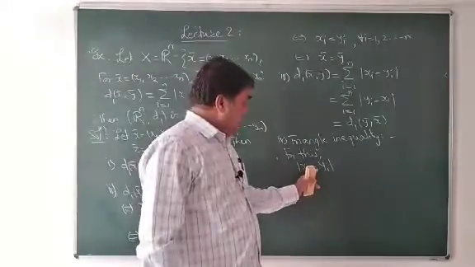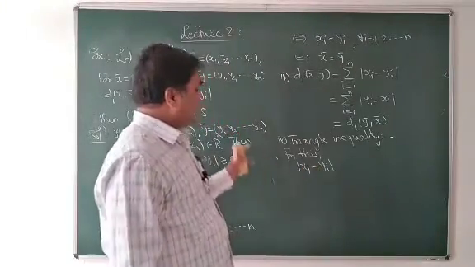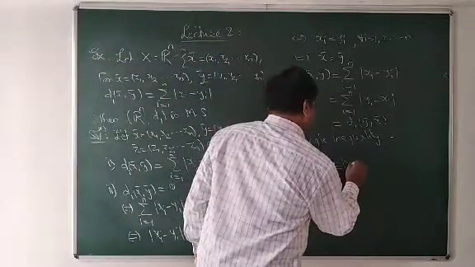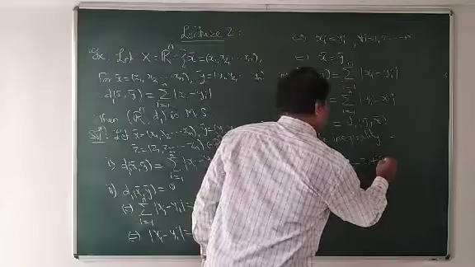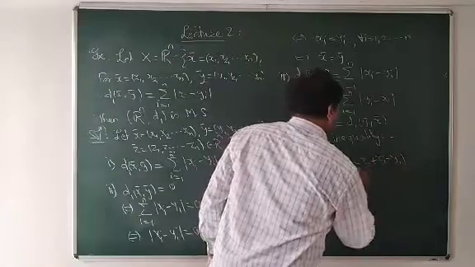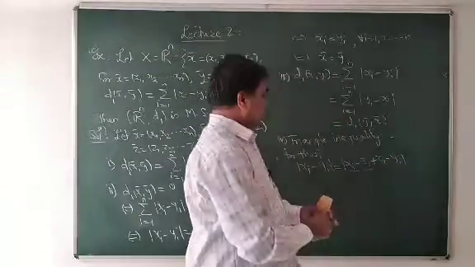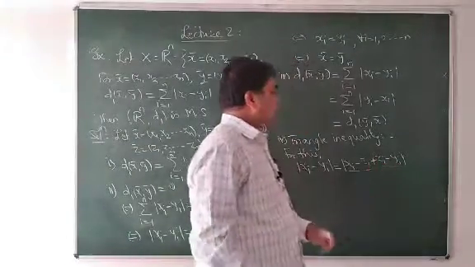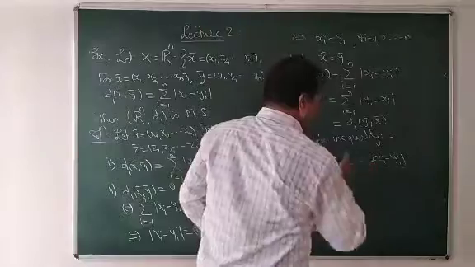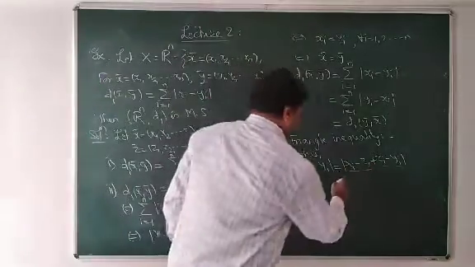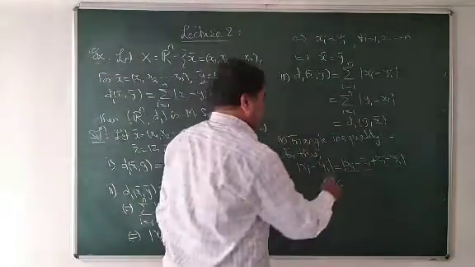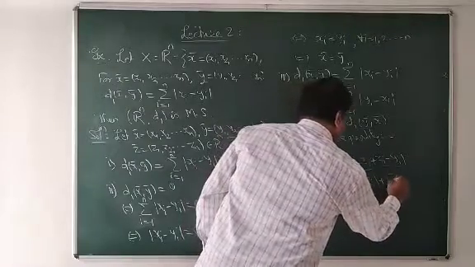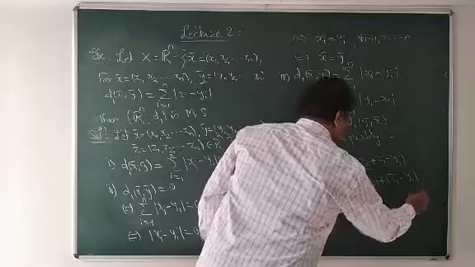In this, I will insert the ith component of z bar vector, that is zi, as mod of xi minus zi plus zi minus yi, and then again treating this xi minus zi as one real number, zi minus yi as the second real number, and using the triangle inequality of real numbers for the absolute value function, we get this is less than or equal to mod of xi minus zi plus mod of zi minus yi.